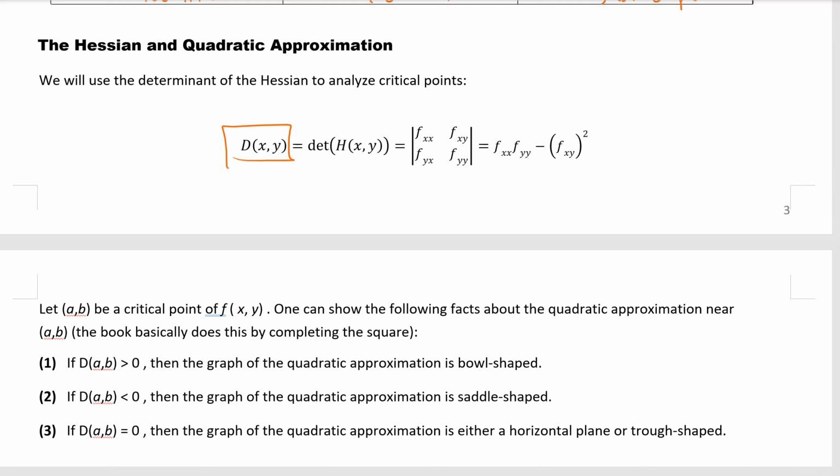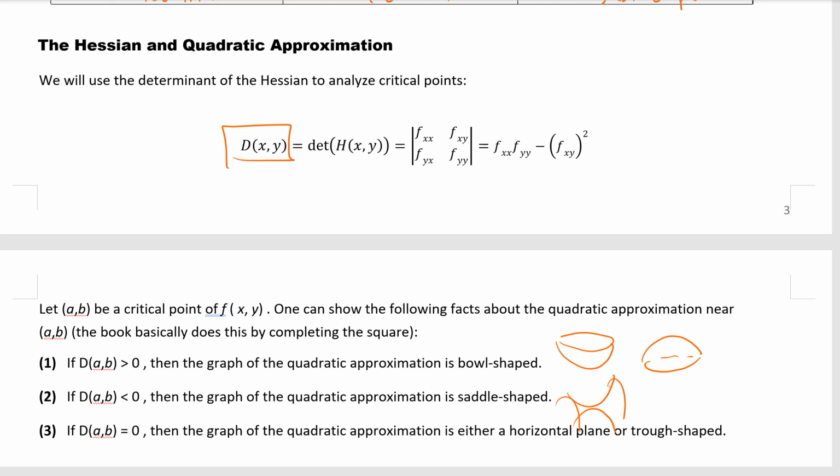If the determinant of the Hessian is negative, then the graph of the quadratic approximation is saddle shape. So bowl shape could be a bowl opening on top, or a bowl opening at the bottom. Saddle shape looks something like this.